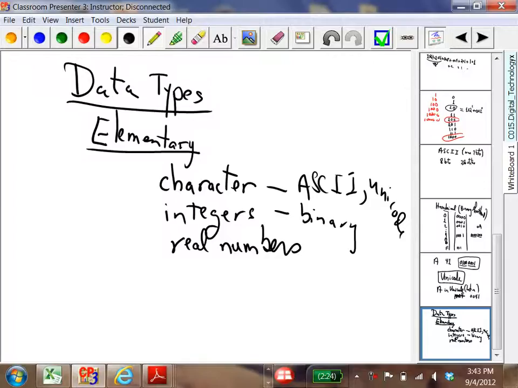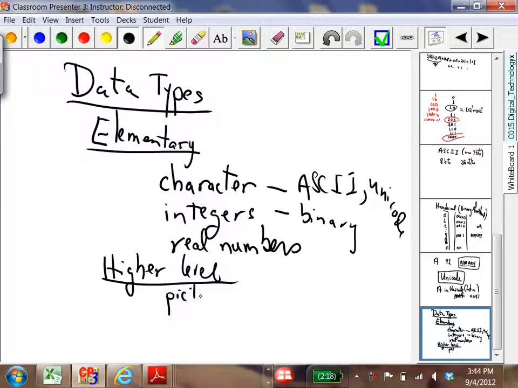Now, these elementary data types are combined into bigger, more complex data types. That is, we might store a picture, a regular picture, you take it with a digital camera. You store that in a computer. Well, somehow you just take a bunch of characters and put them together, and that forms a picture.